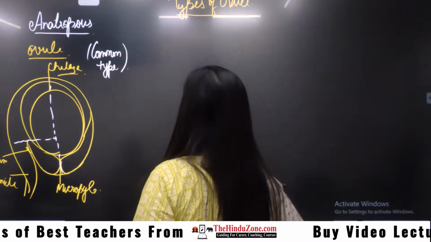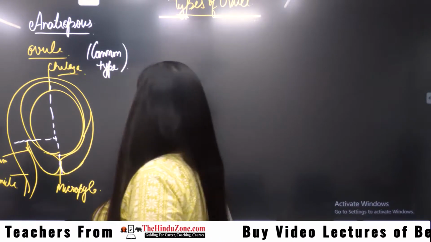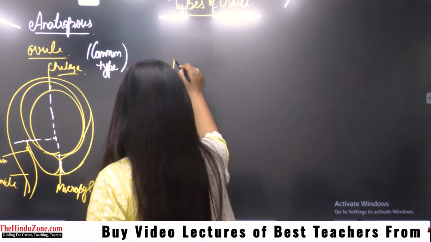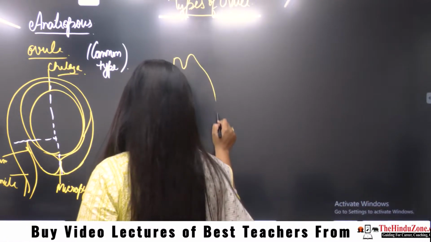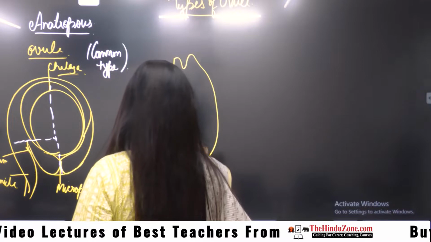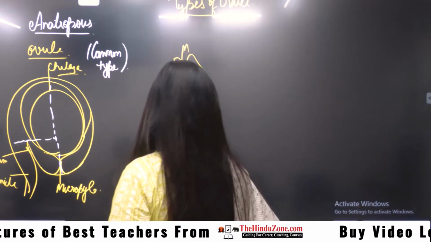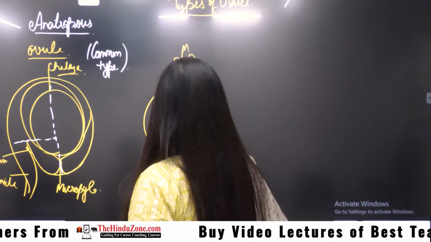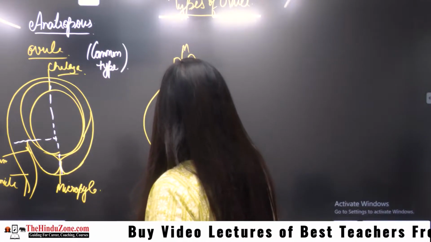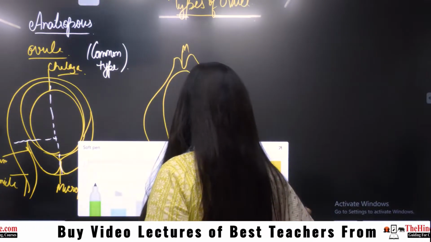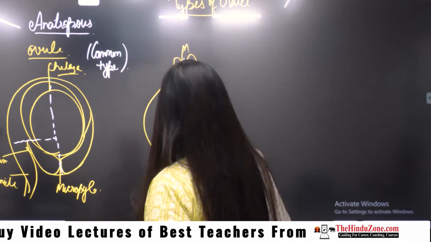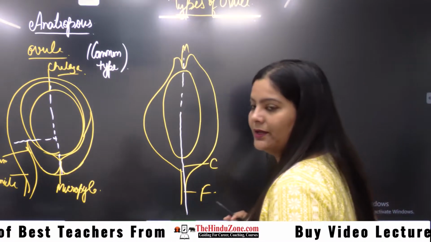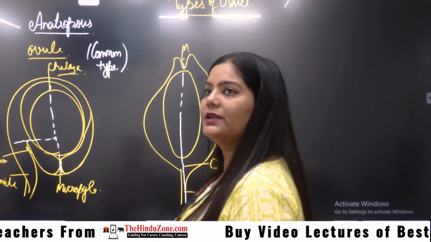But the second version, look and tell me. Micropyle, chalaza, funicle, and in the middle comes your embryo sac. Understand? In the second version, the micropyle, chalaza and funicle are all in a straight line.